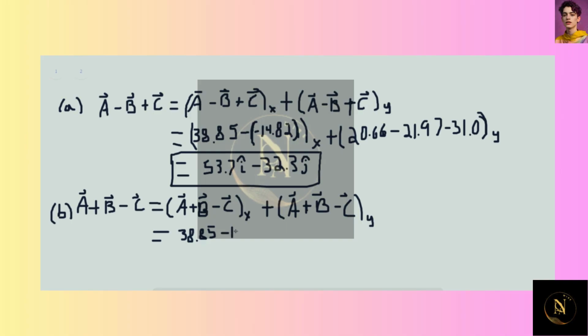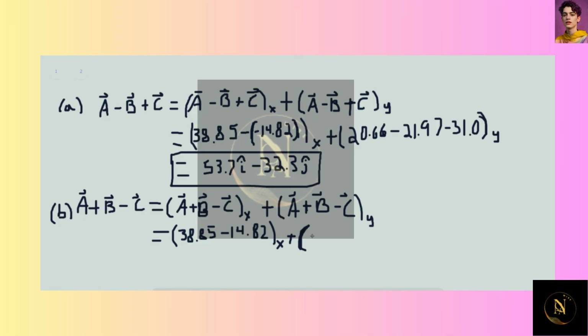So a plus and minus is just minus 14.82. And this is in the x direction. And also note again, Cx is 0, so there's no Cx.